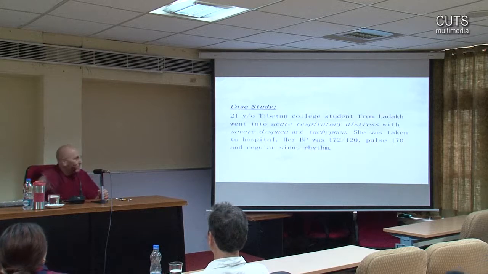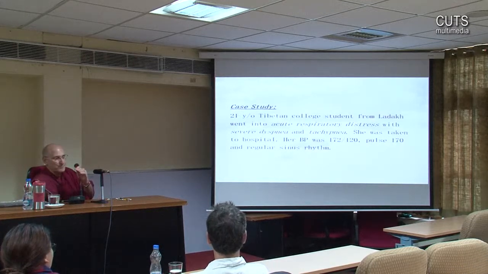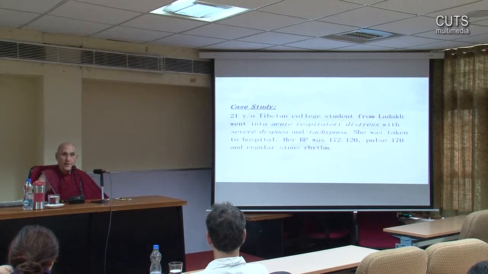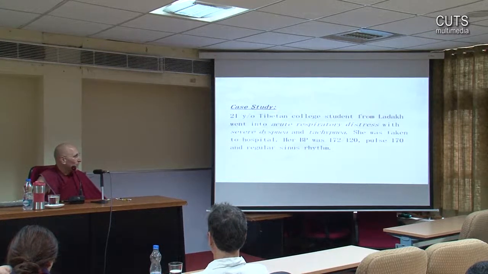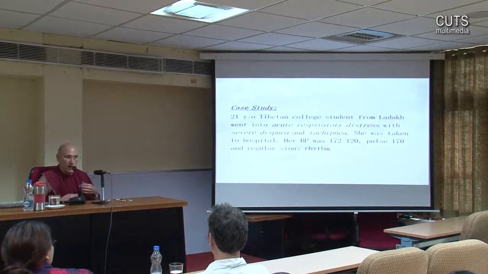Okay. So this medical story or case study: 21-year-old Tibetan college student from Ladakh. I was called to see her where she was living, and she was breathing so fast, she couldn't talk.